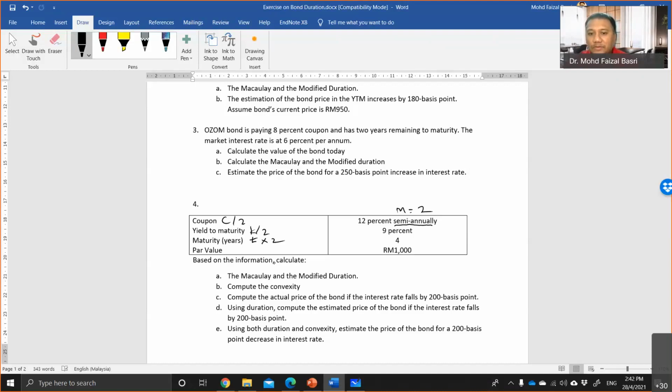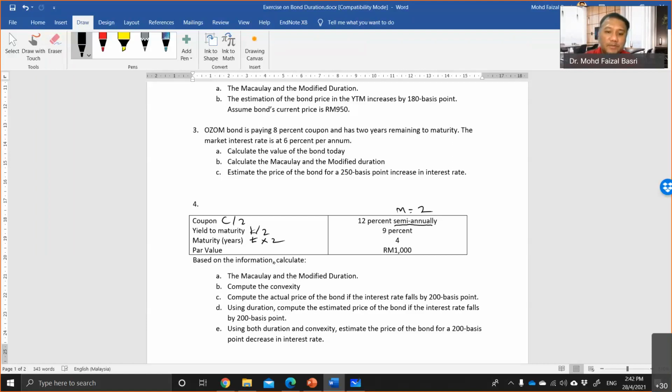All of this will be adjusted accordingly. Then they ask you plenty of questions here, A, B, C, then E. The one that we just discussed is the Macaulay duration. So the rest you just ignore for time. We just want to focus on the Macaulay duration.